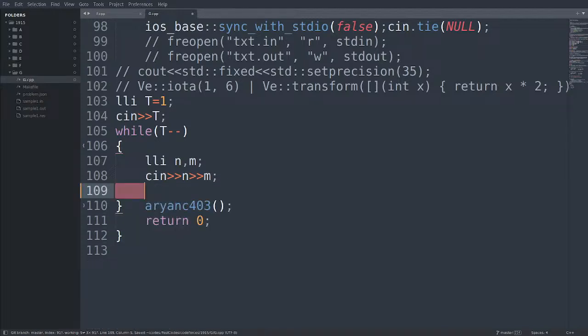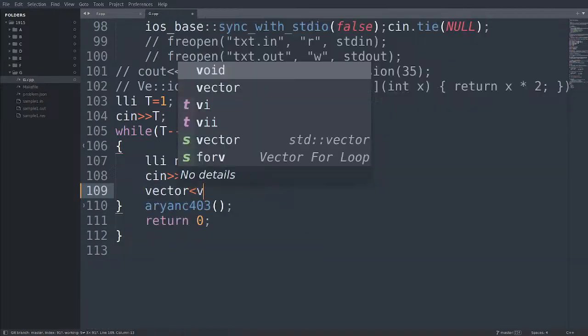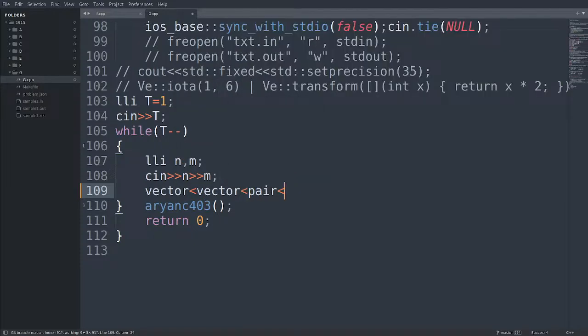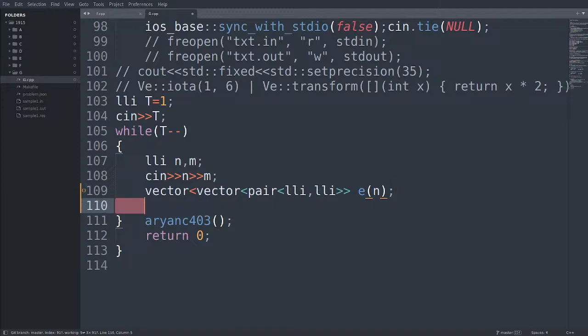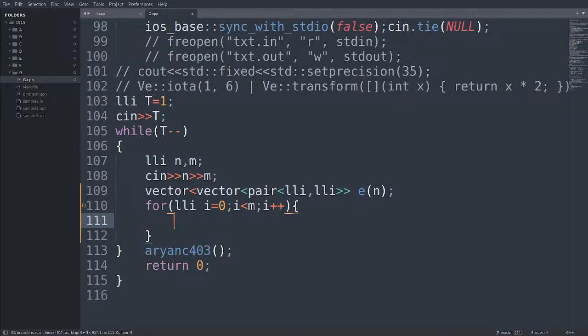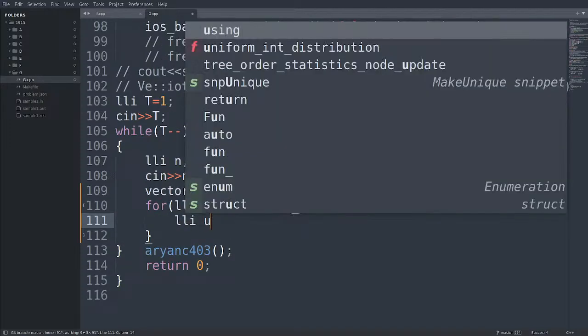First, we will have to take the given graph as input. I generally prefer one based indexing, so I will do that. Here I am using an adjacency list representation.